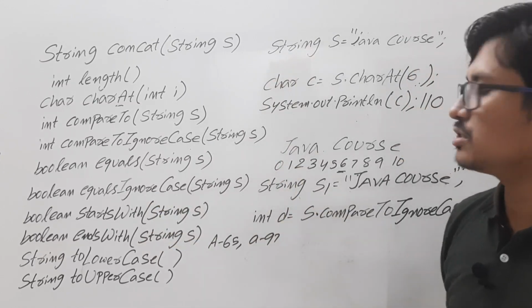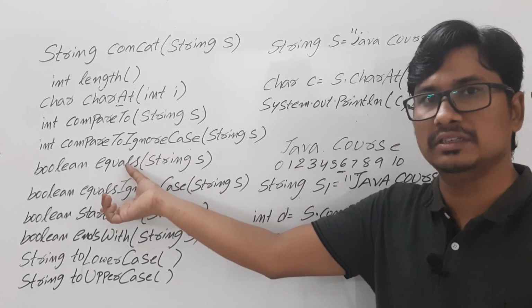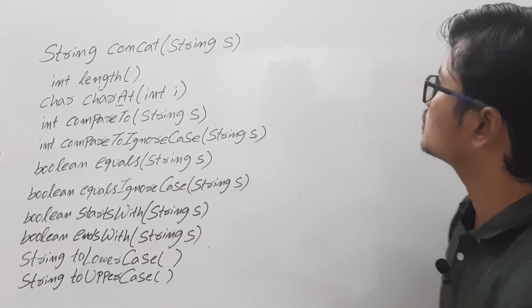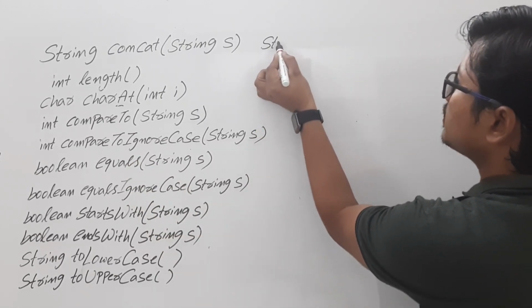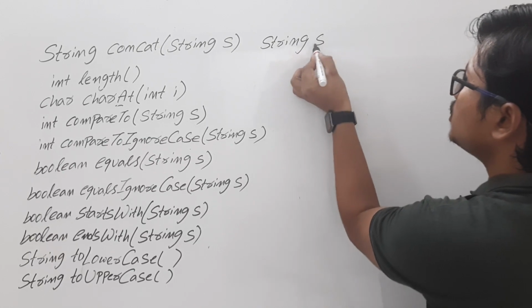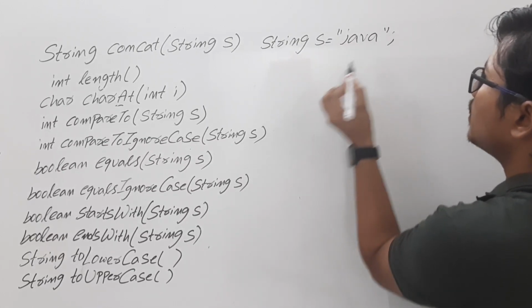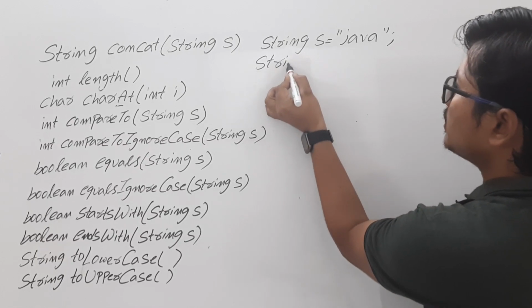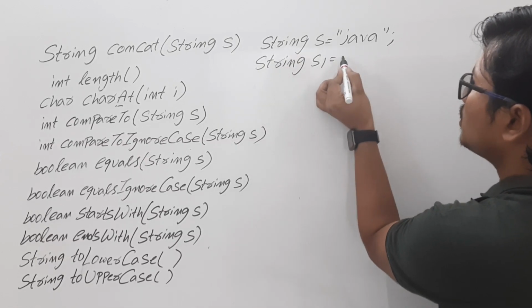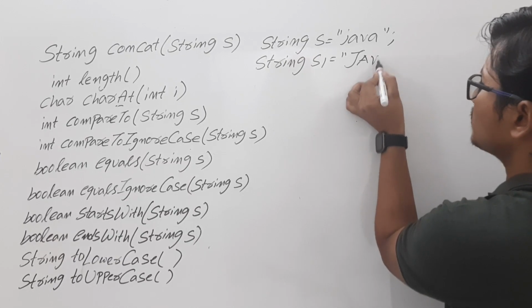Now let me erase this one so that I can discuss these two methods. Let me take two strings. String s is equal to Java in lowercase, and then string s1 is equal to Java in uppercase.